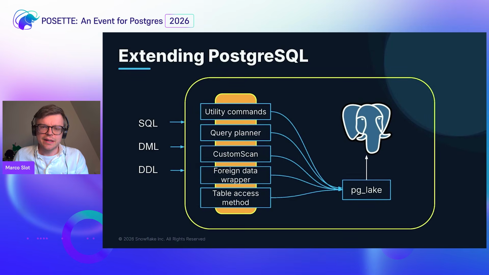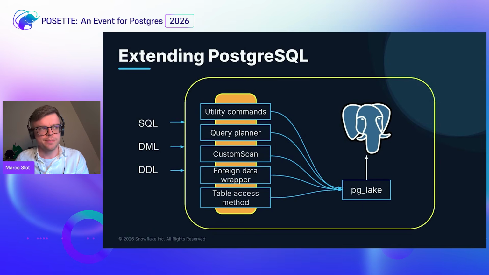Now, the way this is achieved, that we have this whole new table format, is through extension APIs. Postgres gives you the ability, as an extension, to intercept pretty much any command that comes into the server, any SQL command, any DDL command, any DML command, and do something different or additional to what Postgres would normally do.